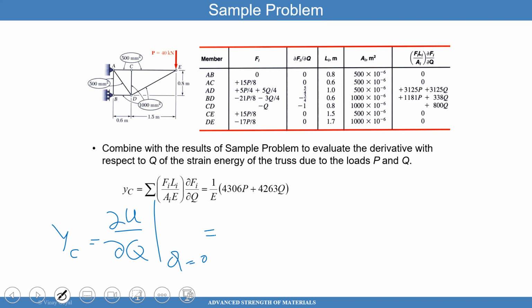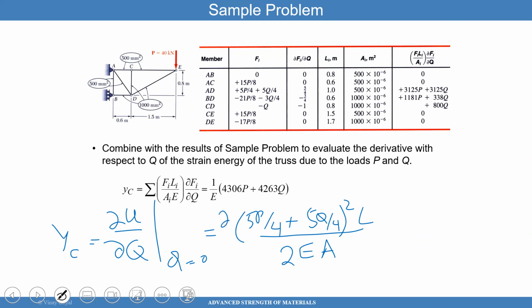What is the strain energy of that one? It is (5P over 4 plus 5Q over 4) squared times L over 2EA, and the partial of all this with respect to Q. You agree? Plus, etc. I have to do it for each bar. So I'm just taking derivatives of this.